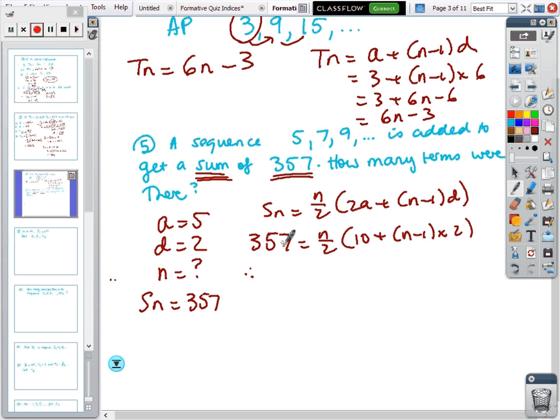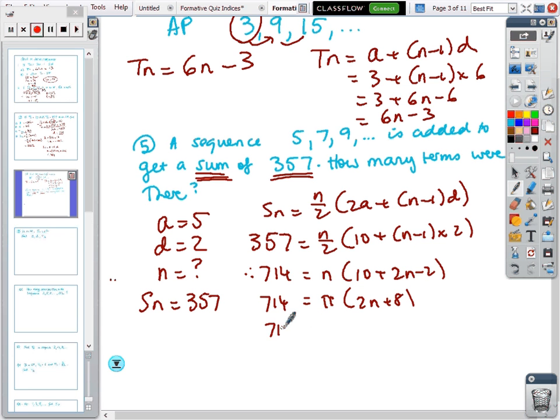Cross multiply by 2, so 714 equals n, 10 plus 2n minus 2, equals n, 2n plus 8, 2n squared plus 8n. It's getting long.